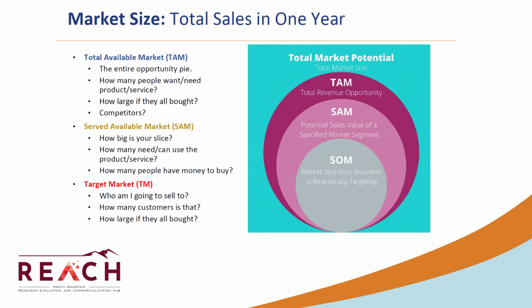So you want to narrow it down and figure out who you're going to sell to, and then how large that market is if they all bought your product. Your circle is going to get smaller and smaller as you refine and iterate your market to ensure that you're serving the people with the actual need for your solution.